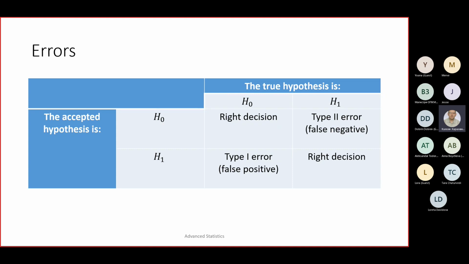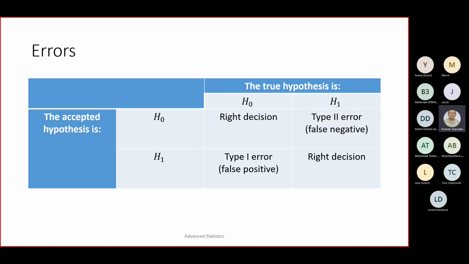And my second question, which error is more dangerous? Type 1. Why? Because the test shows effectiveness and people get misled because it is actually not effective. Okay.